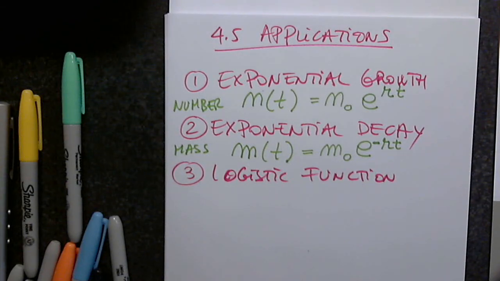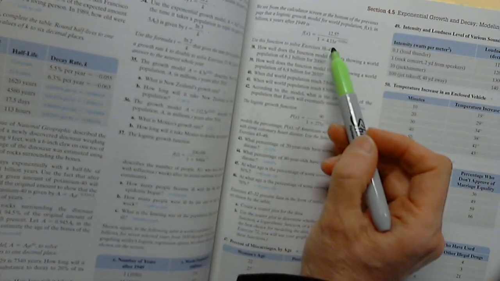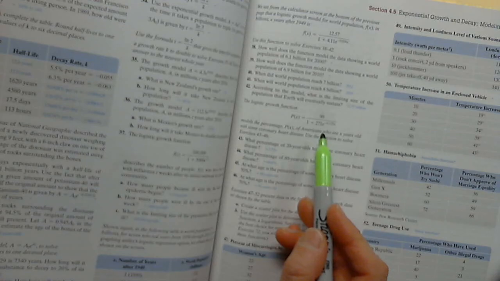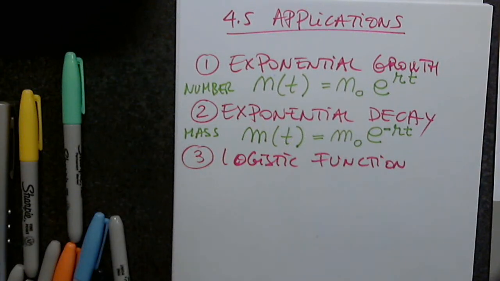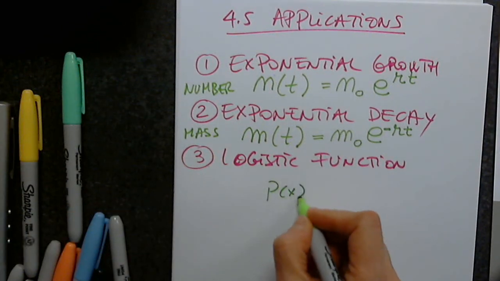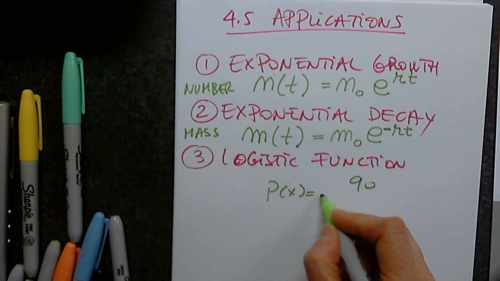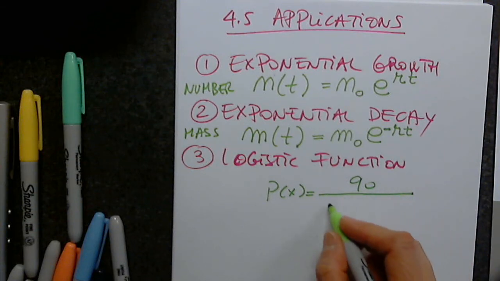The logistic function, there are so many different ones. I will not even think of a particular one. I'm just going to show you a couple. Here's one. Here's another. Don't worry, no one will test you on it, but I just want to put one function in here. I'm going to copy one, p of x, so you can see one. You do not have to memorize any of these.